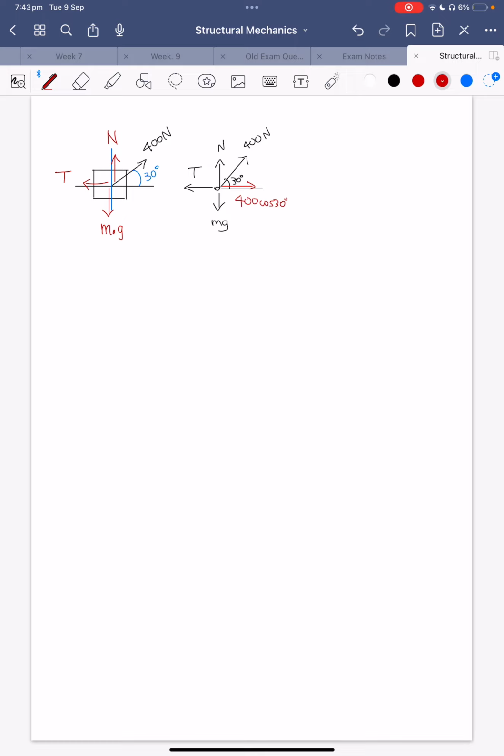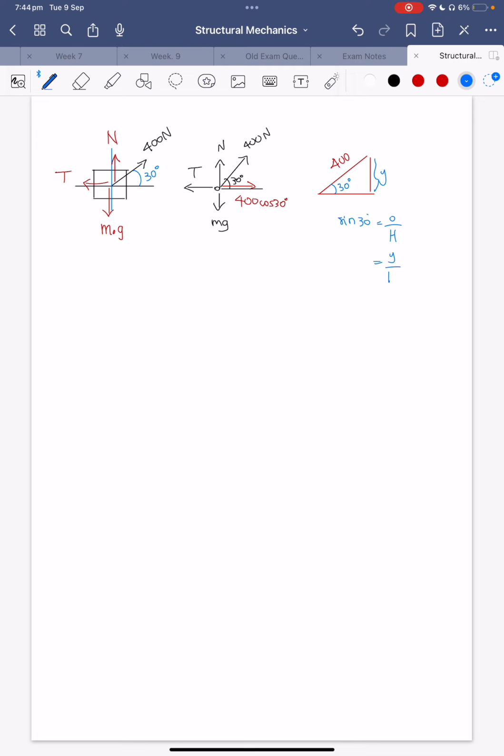So by similar assumptions, I can think of it this way as well. I have to draw again, a bit annoying, but this is 400, this is 30. So sine 30 is opposite over hypotenuse. So opposite is y.